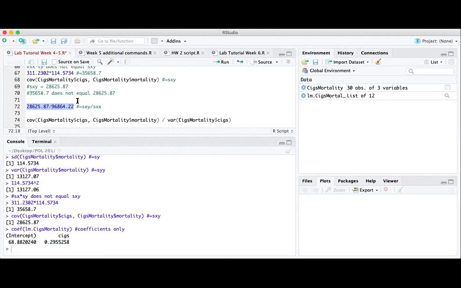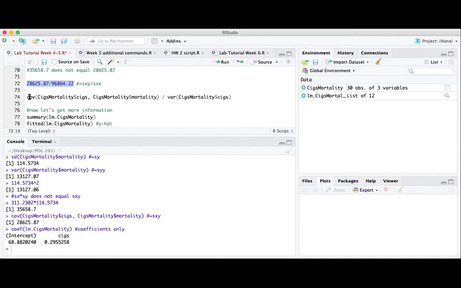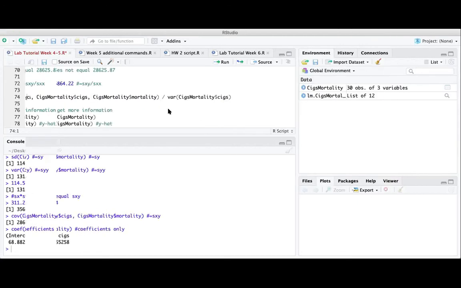And of course, I already showed you guys how you can do it like this too. This is simply the command for covariance divided by the command for variance of X. You can also do it like this. Okay, so now let me go back to that PDF file.